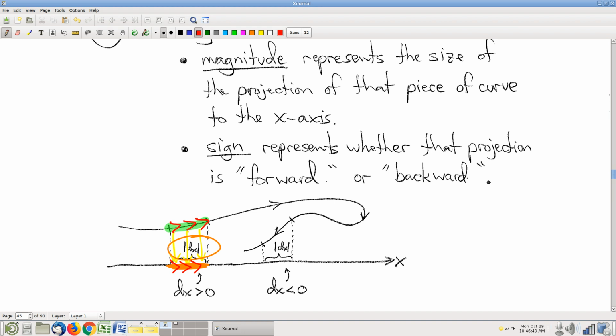And notice that here, for that piece of curve, the direction on the shadow is exactly the same as the direction of the x-axis itself. So we're going to say that shadow has a positive orientation on the x-axis because it's going in the positive direction on the x-axis.